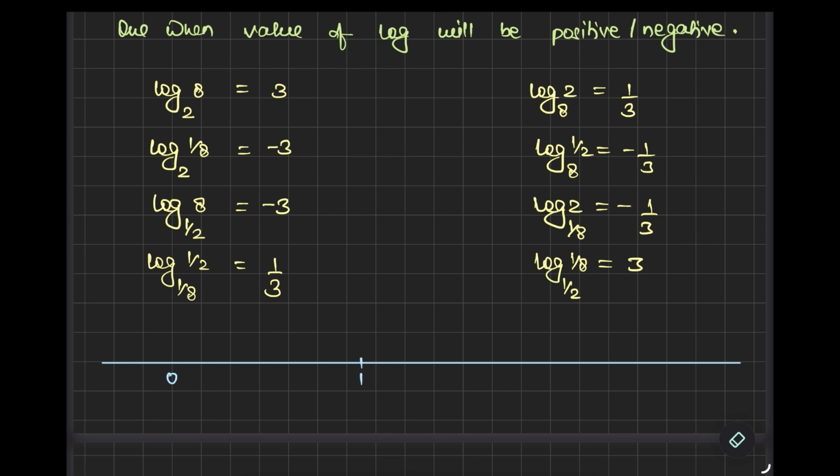Just forget the 0 and think about the 2 and 8. 2 will be after 1, and 8 will be after that. Now 1 by 2 is half, which means 0.5, and 1 by 8 is smaller than 1 by 2, correct? So here is 1 by 8. So these are the four numbers we have used.